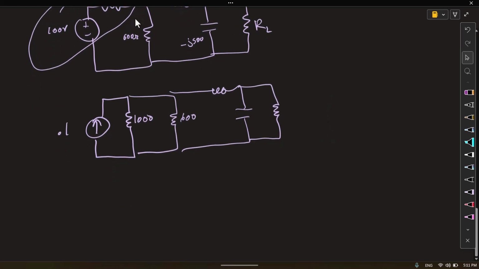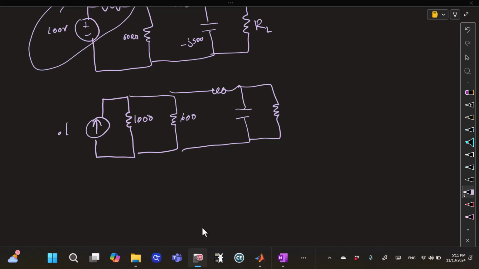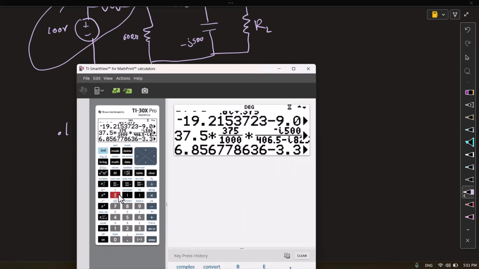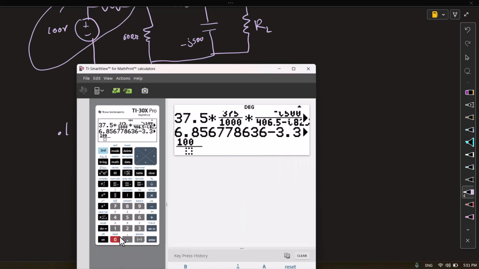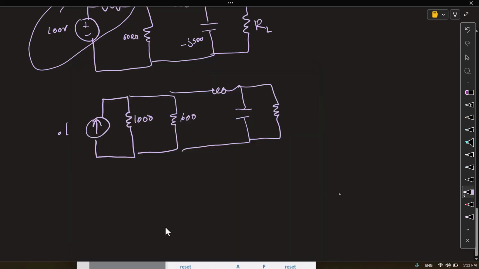And then 1000 and 600 in parallel. So 1000 times 600 over 1600 is 375. So that's 375. So let's not bring it out yet.